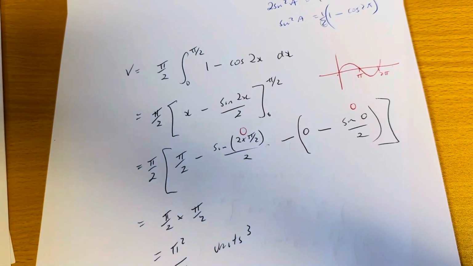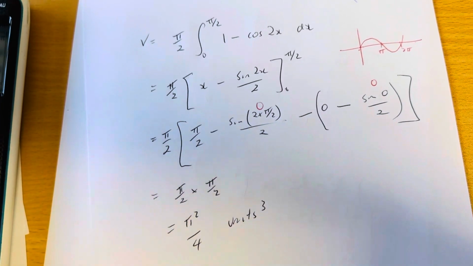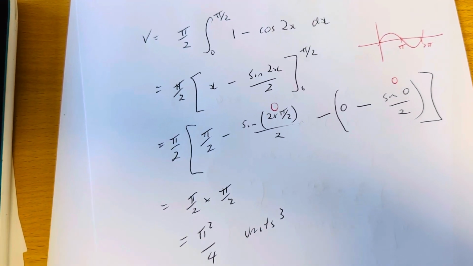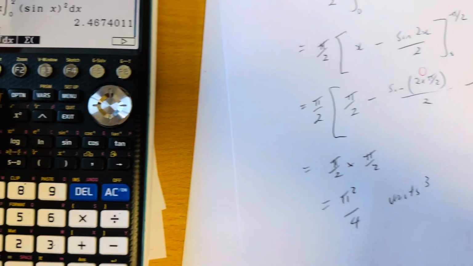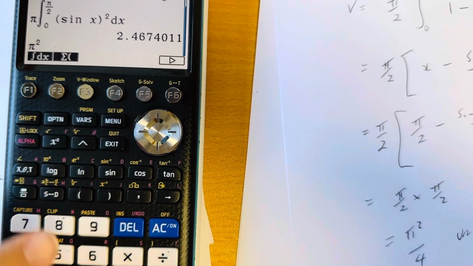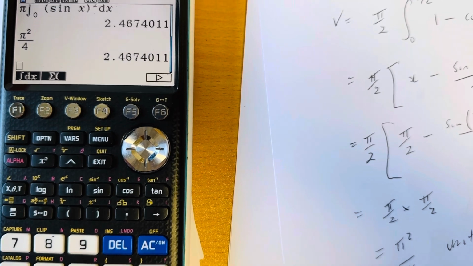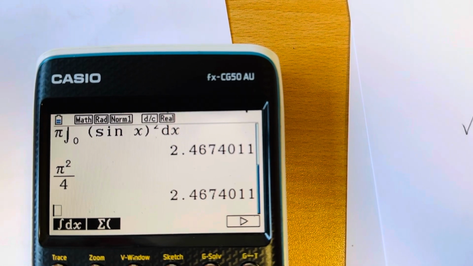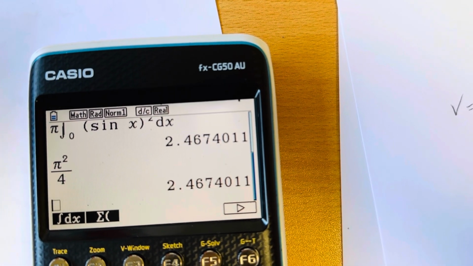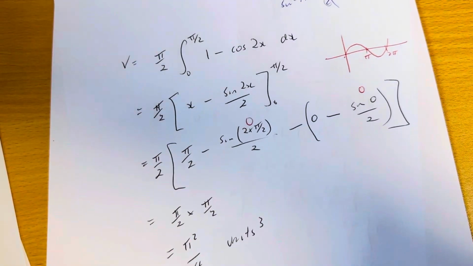So if we had to do it tech-free, that would be the answer we'd get. If we just want to double check that, shift, sin squared, over 4, execute, notice it's the same value. So whether you went tech-free or tech-active, that's question 7.